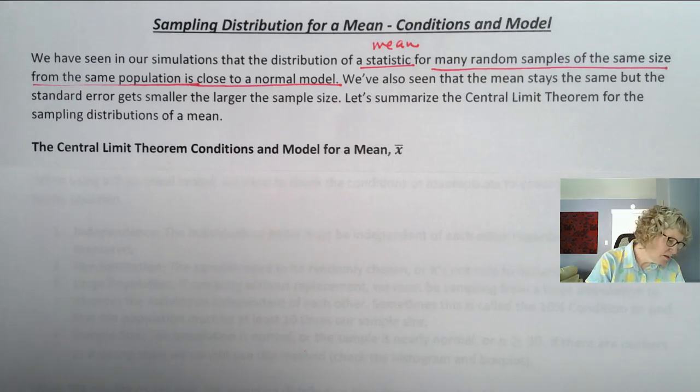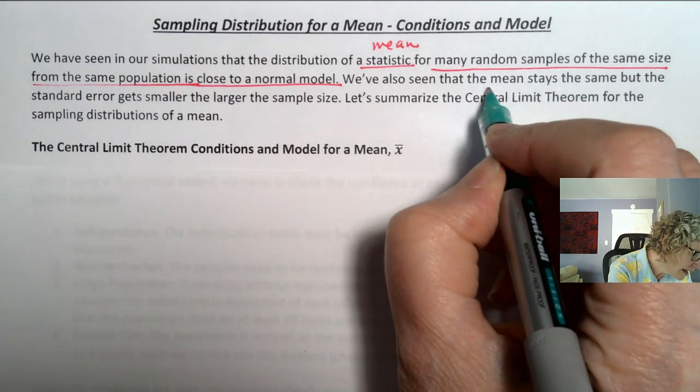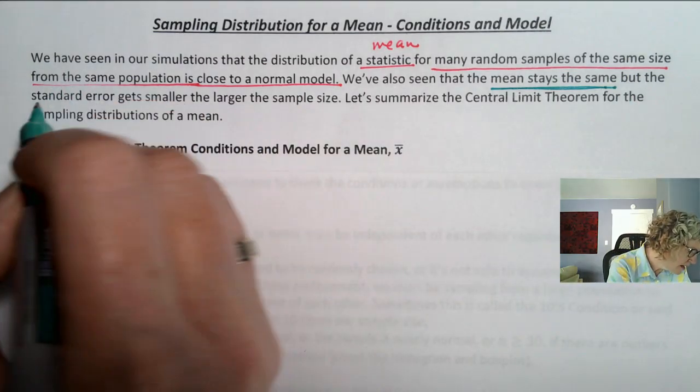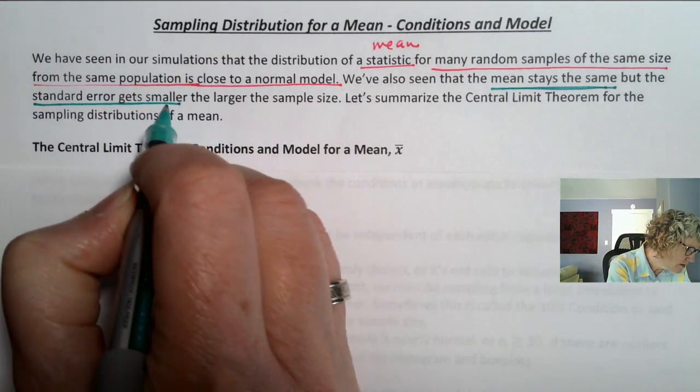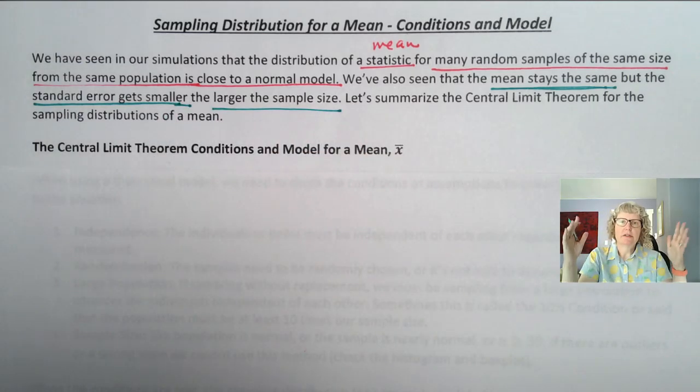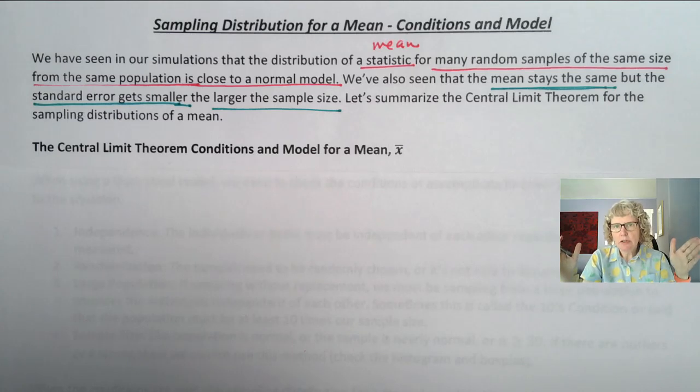And what we've seen is the mean stays the same, meaning same as the population mean, but the standard error gets smaller the larger the sample size. So we have a certain standard deviation of our population, but because we're taking a random sample and averaging, everything comes into the middle. So our sample to sample variation is smaller.